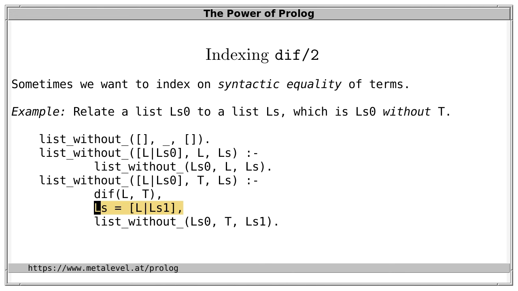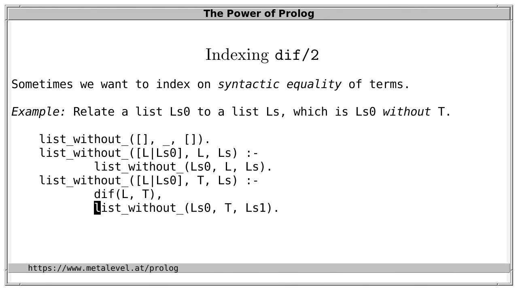And analogously, also for this explicit unification, this states that ls is the same as the list with head L and tail ls1. And so we can simply use that term directly instead of ls. So instead of ls, we write that list. So this means that we can now use ls instead of ls1. So now we have pulled all unifications into the clause heads, which is something that the Prolog system could, and in my opinion also should, have done for us.